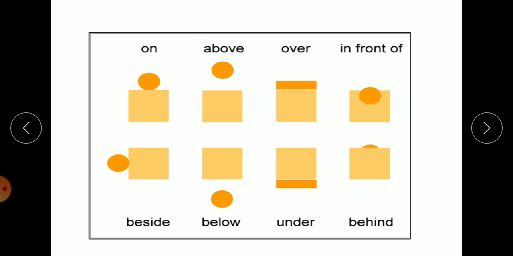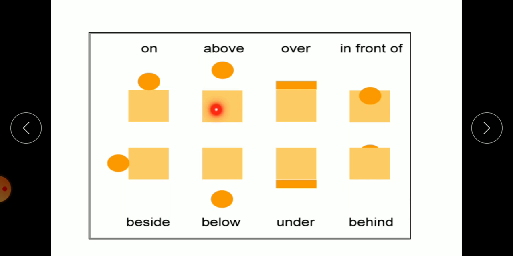Now coming to above. Above preposition is used when one thing is at a higher level than the other. अब बॉक्स का लेवल अगर हम हाइट देखें और बॉल की हाइट देखें तो बॉल बॉक्स से ऊपर है, ऊपर हाइट पे है.